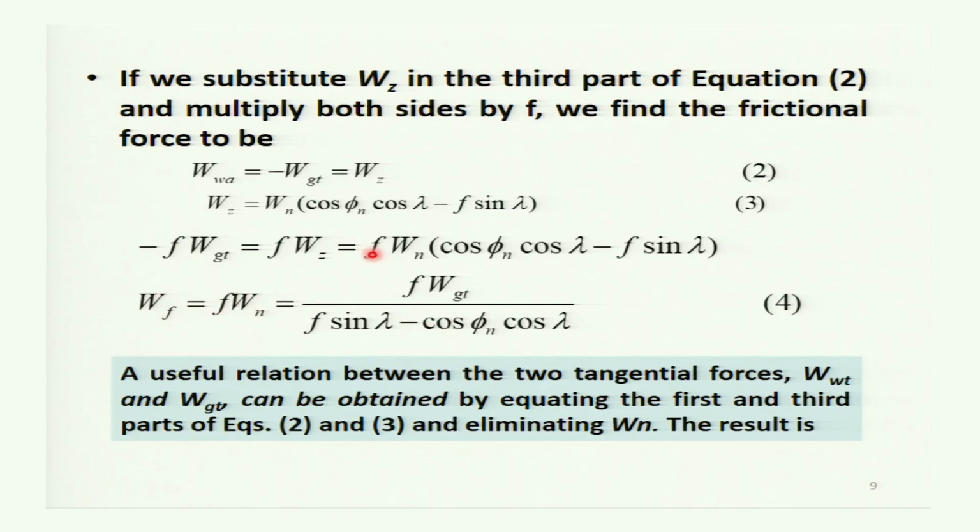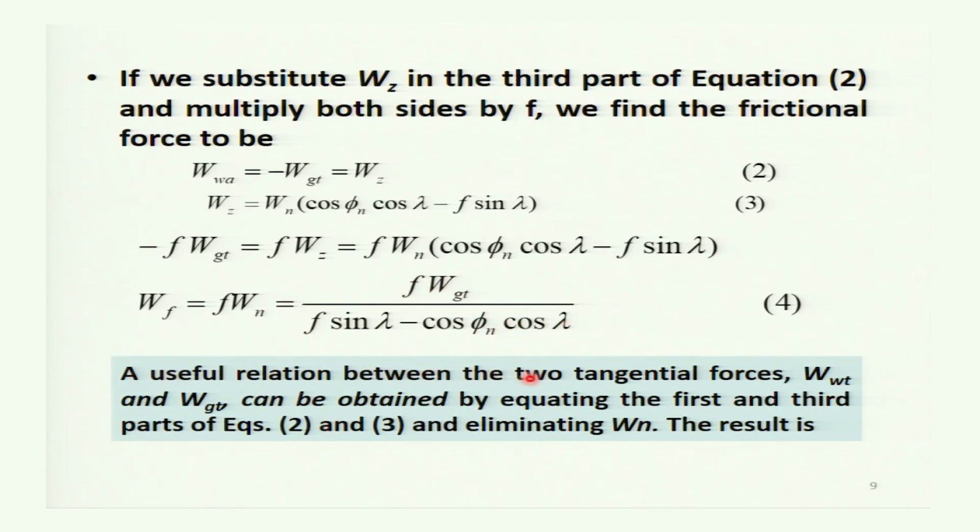Okay, so f multiplied by Wn is actually the frictional force, and that is given by f WGT divided by f sin lambda minus cos lambda cos phi n. This minus sign is taken into consideration by just putting f sin lambda on this side and this part on this side. So your Wf, the total frictional force, is equal to coefficient of friction multiplied by normal force, which is equal to f WGT, the tangential force on the gear, divided by f sin lambda minus cos lambda cos phi n.